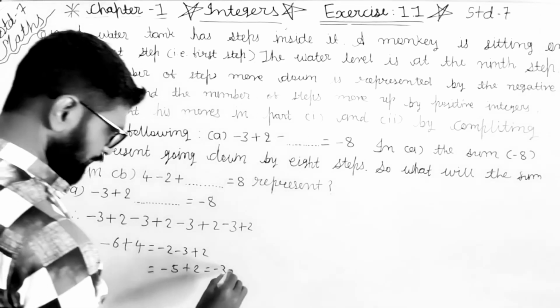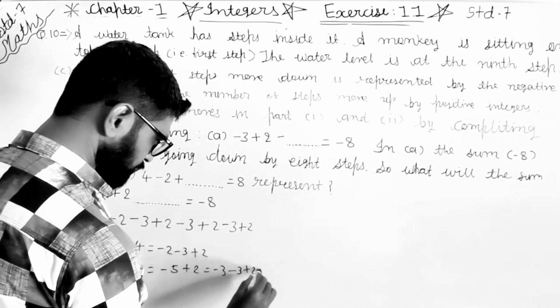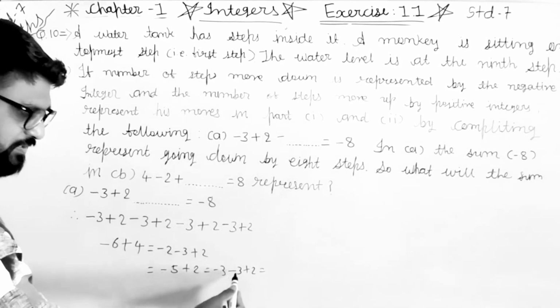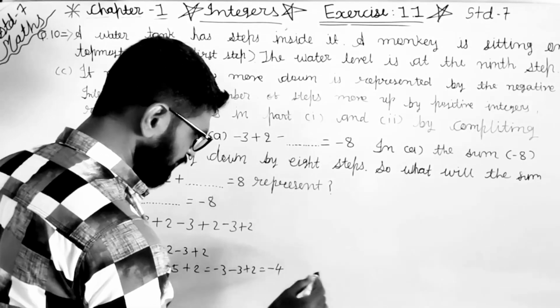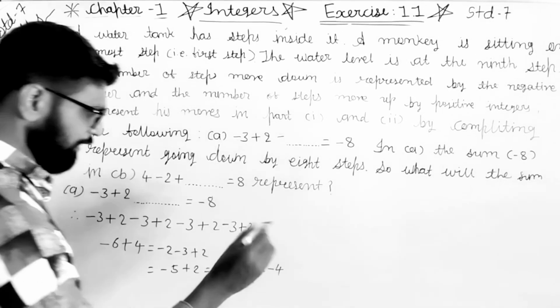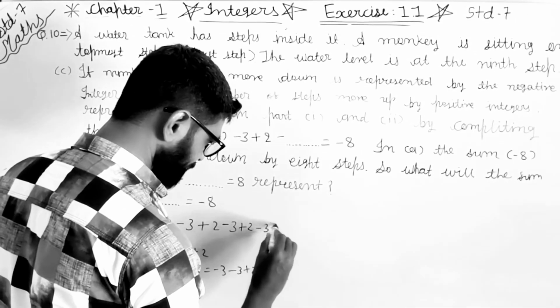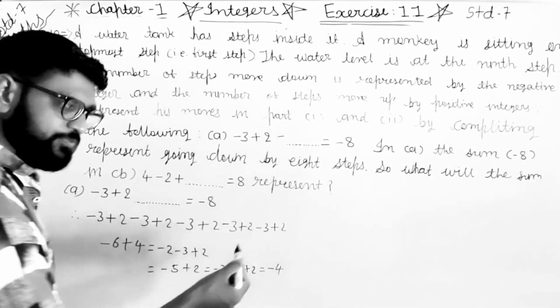Add minus 3 plus 2, then minus 6 plus 2 means minus 4. It is not minus 8, still we have to move ahead. So it will be minus 5.